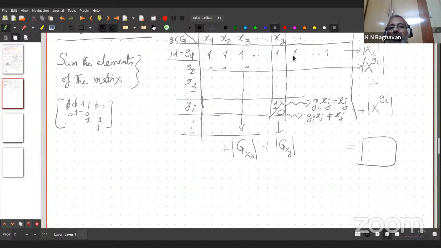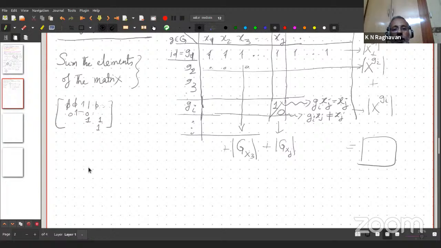Because if I sum all these ones column-wise and then sum these numbers, that is the same thing as summing row-wise and then summing those numbers. So you will get the sum of the elements of the matrix. Okay, I guess that is obvious. I hope you agree with me.